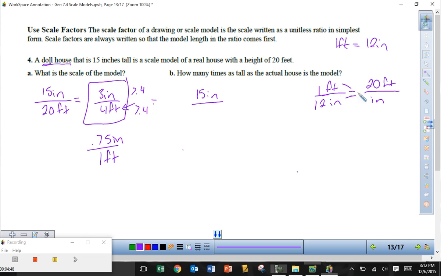So we would just have to take 1 times x, excuse me, and 12 times 20, which is 240. Okay, so now I'm comparing 15 inches to 240 inches. Last thing there is just reduce, so I've got 1 over 16. So my model is 1/16 as tall.